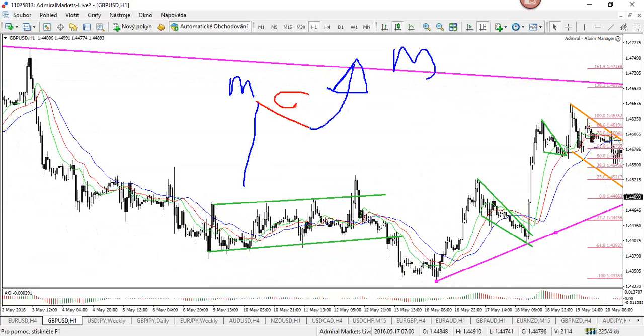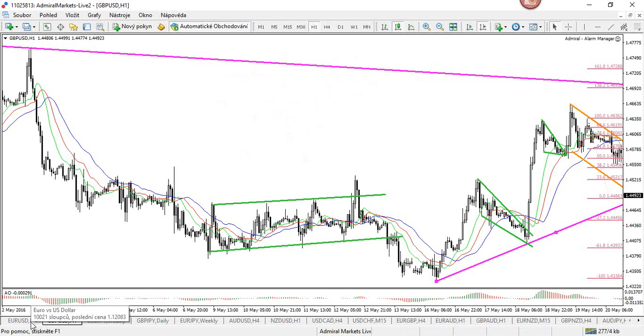If the C part is too deep and goes too far against the first M, looks like math now, apologies for that, but I didn't want to make it a math class, I'm just using letters for the moment. M1, if M1 is strong, but the C goes too far back against M1, it's not that impulsive as we would expect it. Okay, that's why we need shallow flags as a continuation signal.